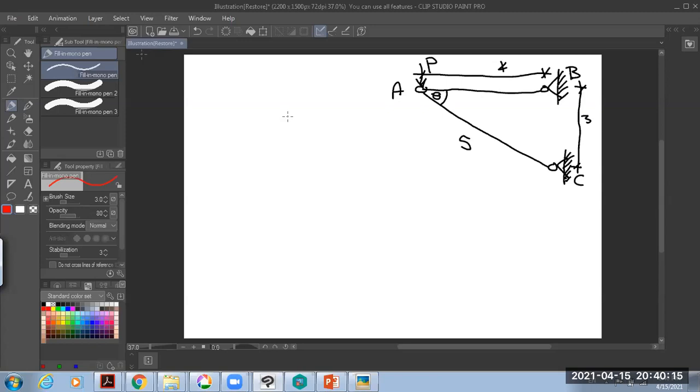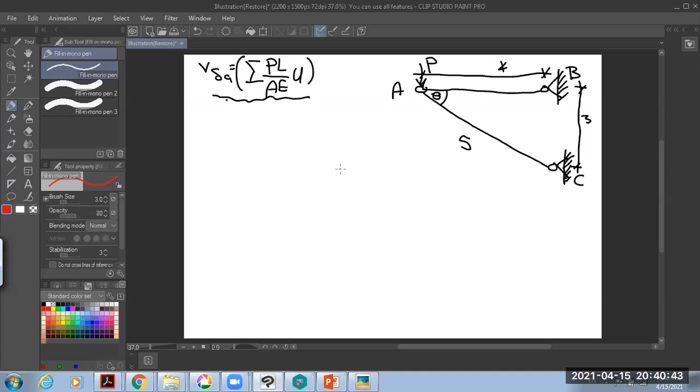How to get the internal forces? The equation again: the vertical deflection for joint A equals sigma PL over AE multiplied by u. This is the formula now. How to use it?